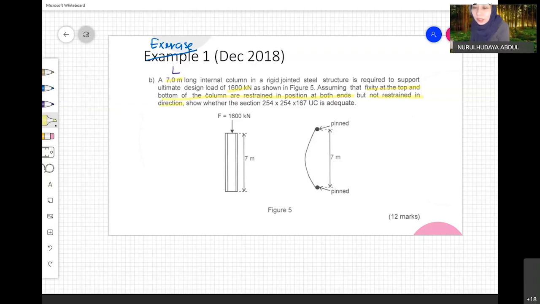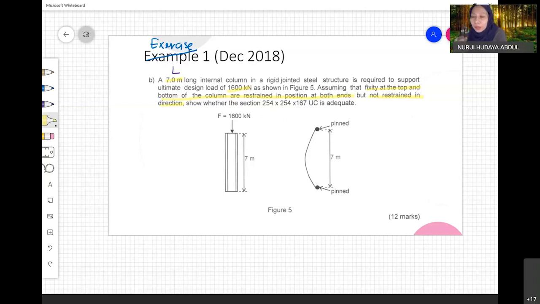So it can be either braced or unbraced, not both. Because like example number one I gave you yesterday, I hope that you watched the video already, I hope you have an idea on that part, because that question did not mention anything about position, just direction, or rotation only.